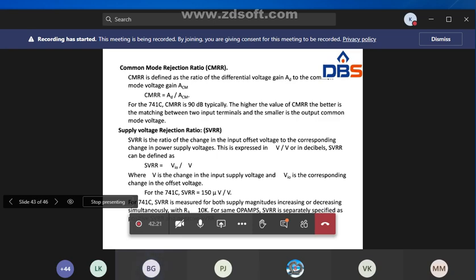To make such a voltage 0, apply a small voltage between the two input terminals. That DC voltage is called the input offset voltage.